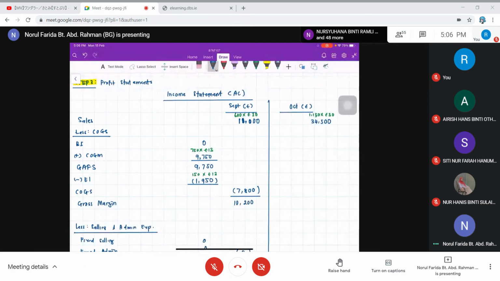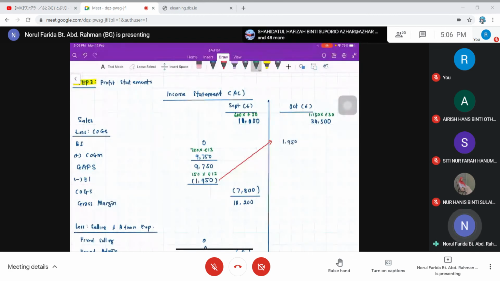Beginning inventory. Okay. Ending inventory untuk September adalah beginning inventory untuk October. Remember that. Betul ke tu? So beginning inventory you 1950. Okay. Cost of good manufactured, unit produced in October adalah 1000 unit.